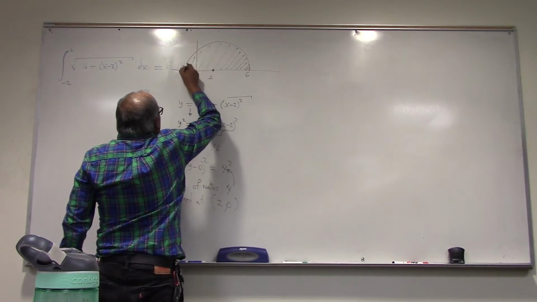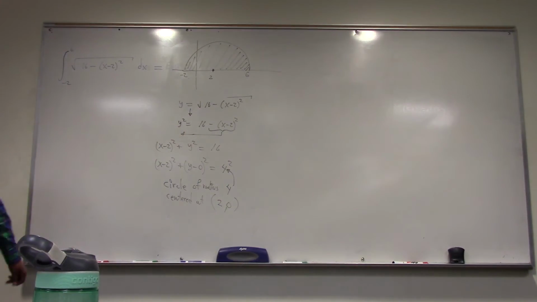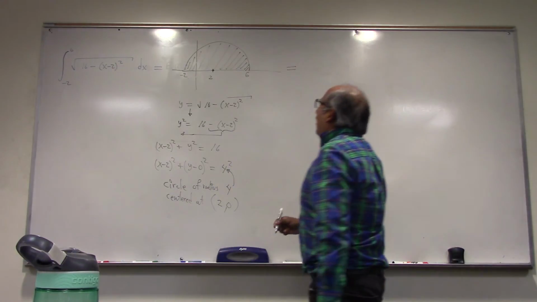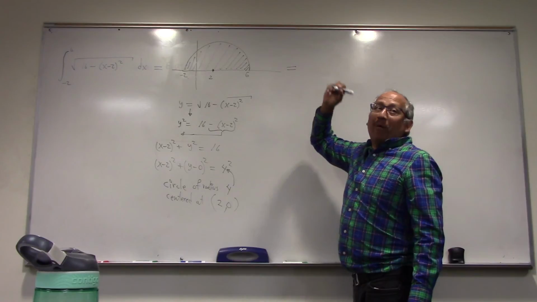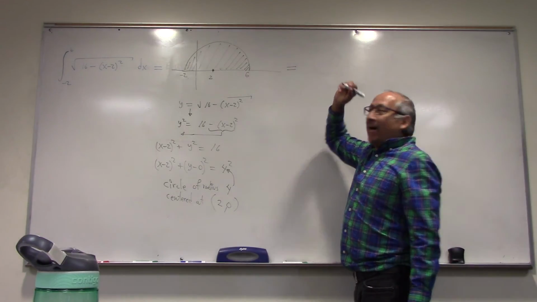Everyone in this classroom knows what the area of a circle is. And what is that area of a circle? It starts with pa. It's not papa. Pi.